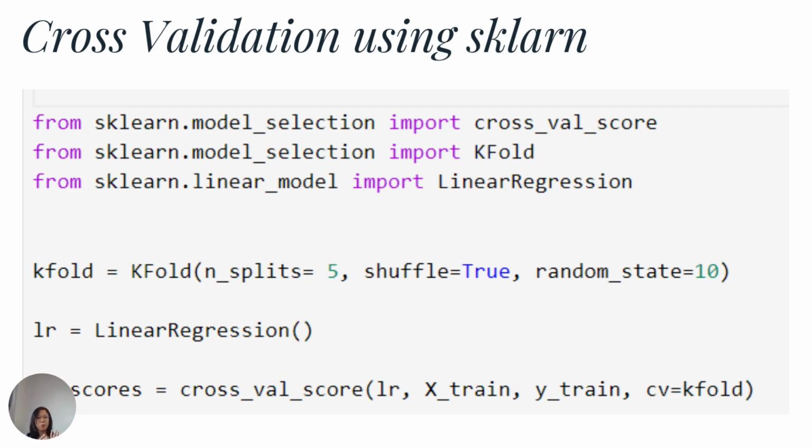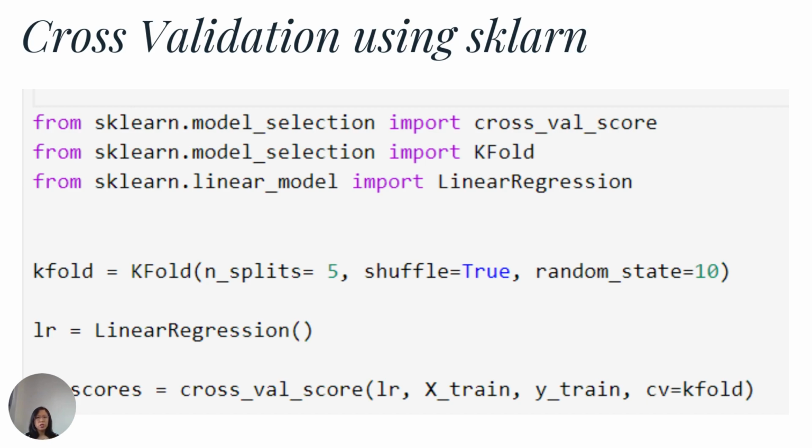Here I put 5. That means our data will be split into 5 equal groups. shuffle equal to True indicates that we will always shuffle our data before splitting. And random_state is also defined because every time we run the program, we want to have the same starting point so that we get the same result, same splitting.